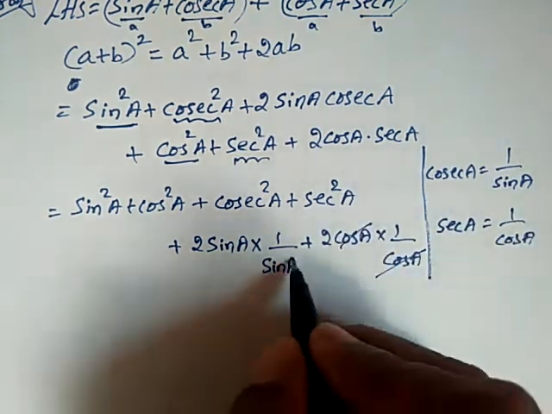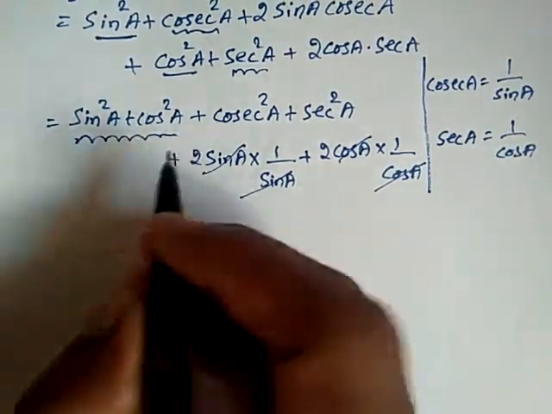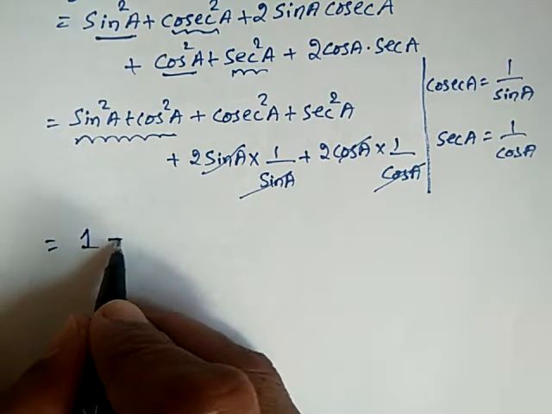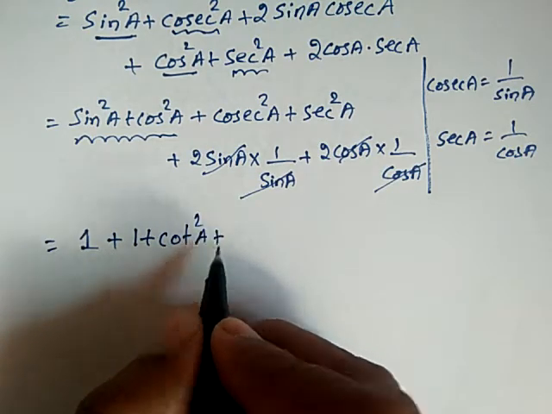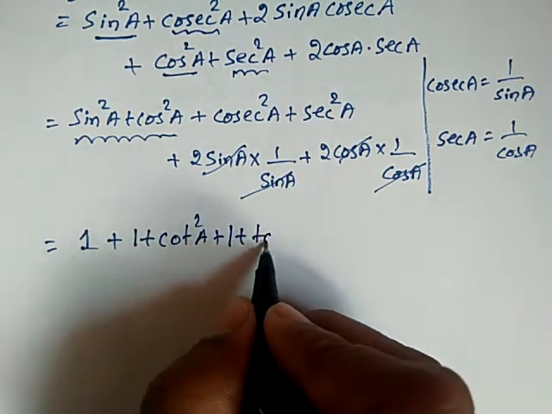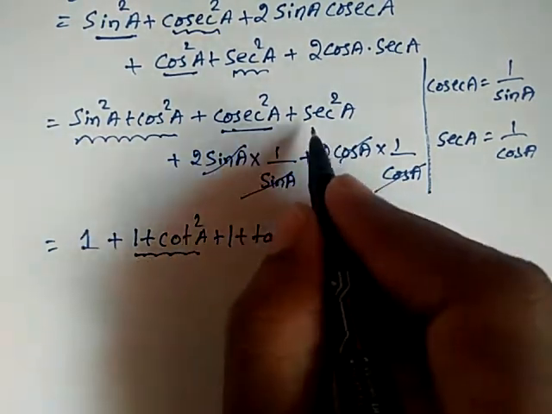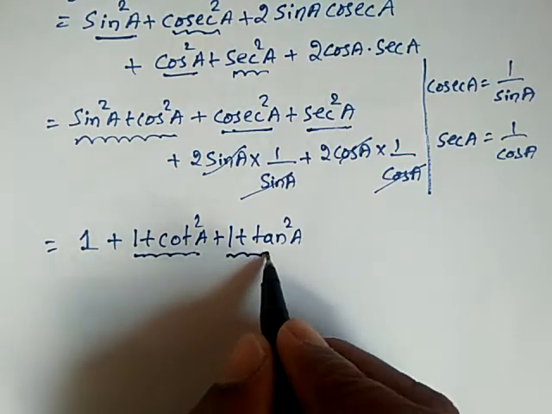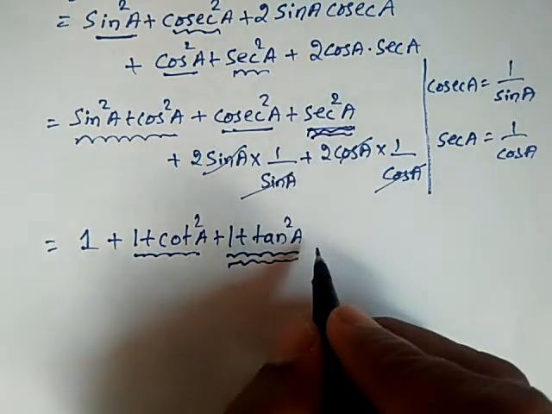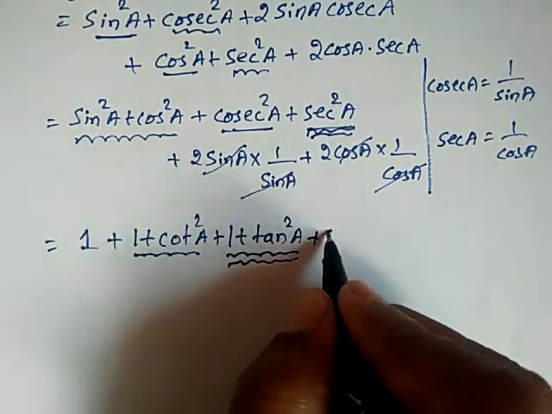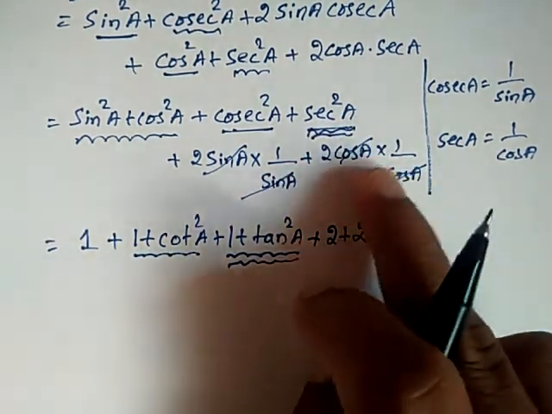So cos a gets cancelled, sin a gets cancelled, and since we know the formula sin square theta plus cos square theta is equal to 1, this can be written as 1 plus cosec square a, which we can write as 1 plus cot square a, plus sec square a, which we can write as 1 plus tan square a. Plus here it is 2, again plus it is 2, because here it is cancelled, meaning it is 1 only.